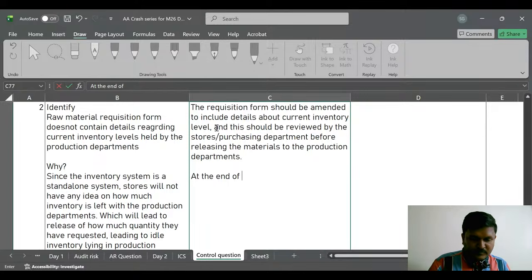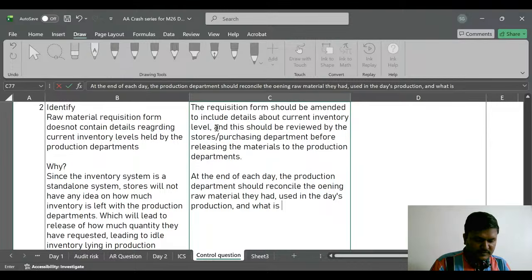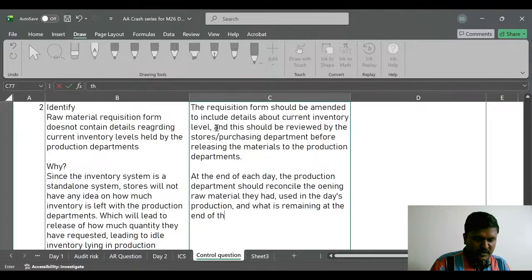Okay, adding on to this particular thing, we can say, okay, at the end of each day, if it is possible, the production department should reconcile the opening raw materials they had, what was used in the day's production, and what is remaining at the end of the day.